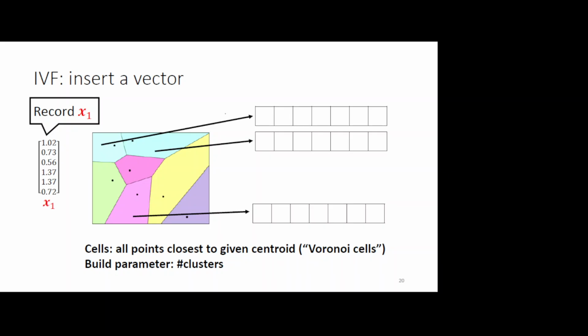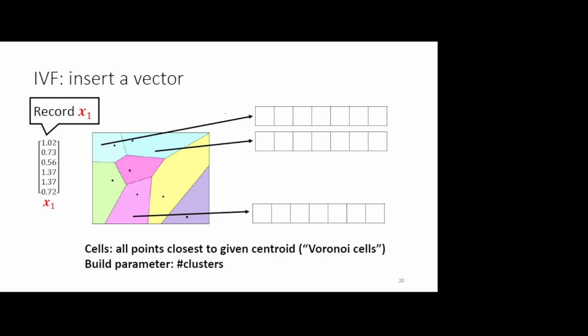Okay then, this slide shows how we insert a vector. Given the data point x1, you have to check which partition it is located in. If it is located in this partition, you just insert this data ID into this bucket. Then you can insert the next data point x2. So how do we determine which partition it is located in?